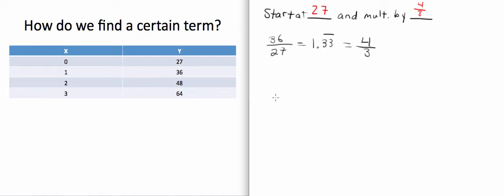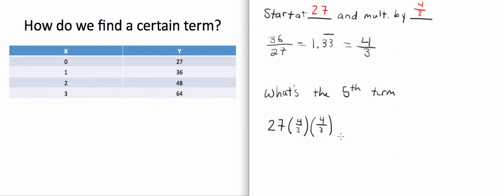So now the question is, how do I find, let's say, the fifth term? Here, we start at 0, so we start with 27, and if we write this out, we multiply it by 4/3, that gives us term 1. We multiply it again by 4/3, that gives us term 2.